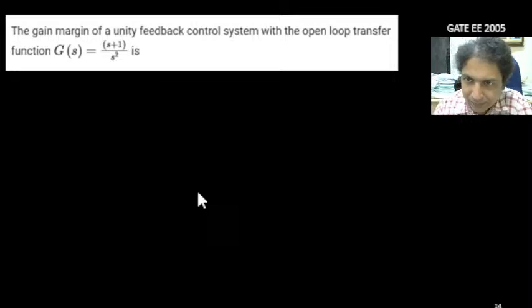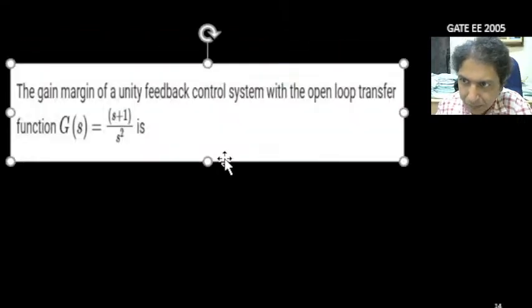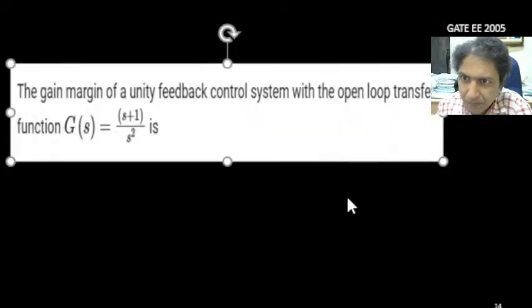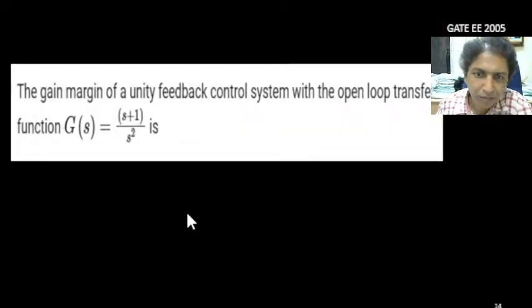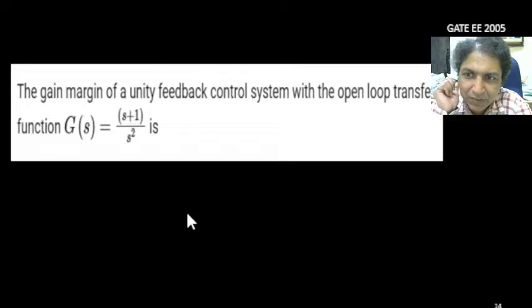Can you find the gain margin of this system? The system is given by GS equals to S plus 1 upon S square.